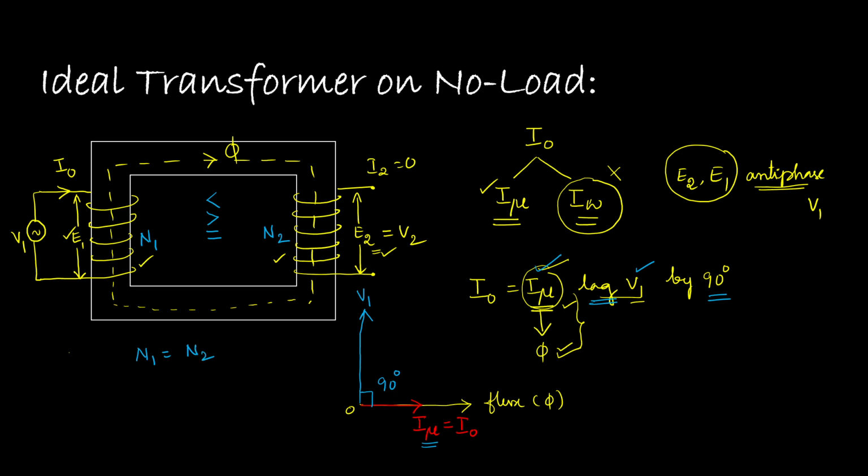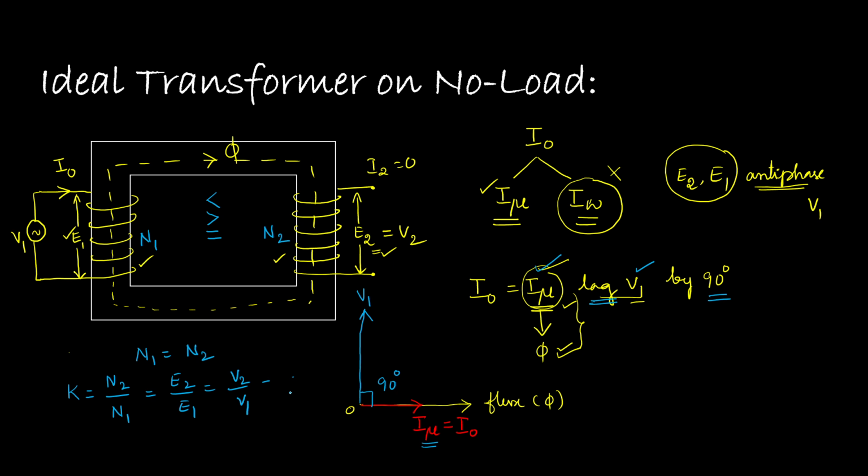So there are three possible conditions, and based on that we can define different categories of transformer. If I consider the equality, that means the number of turns N1 is equal to the number of turns N2 of the secondary winding.